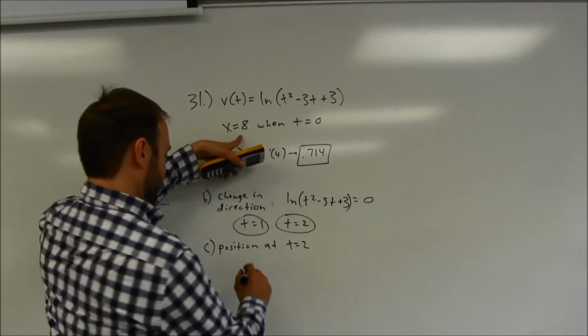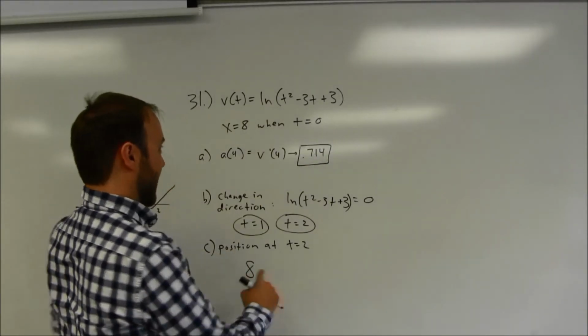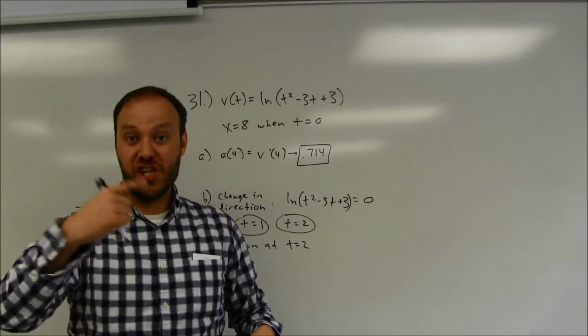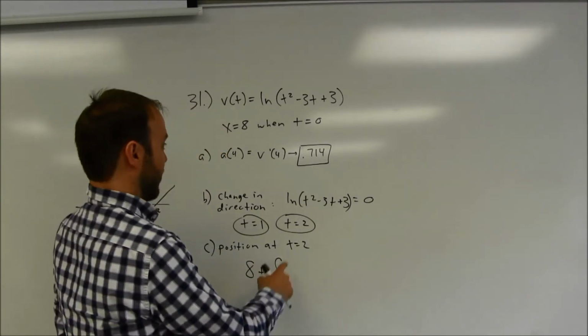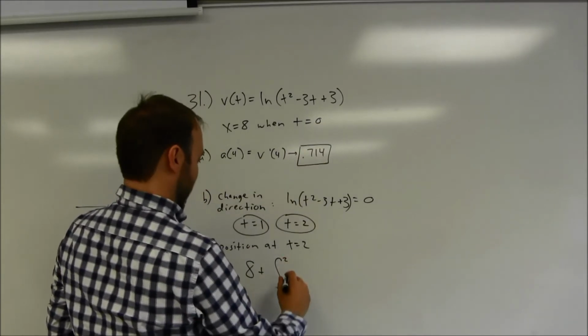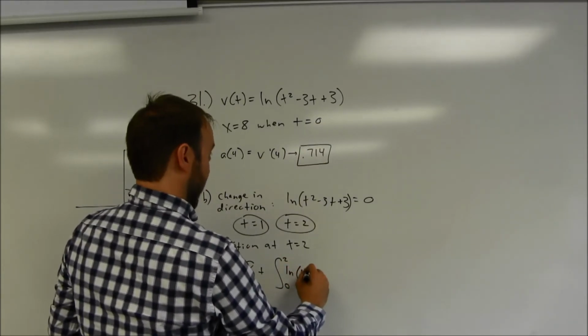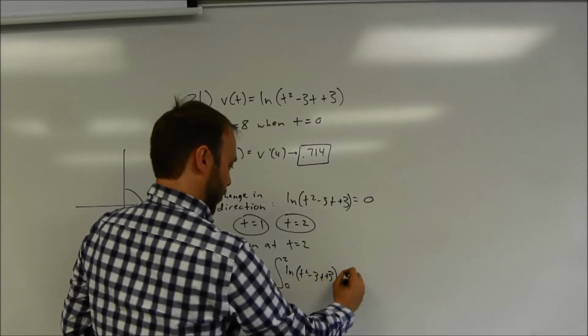I'm starting out at a position of 8 when t is equal to 0. So I start out at 8. I'm accumulating change of the velocity. And I need to accumulate this change over the time period from t equals 0 to t equals 2. And so basically I can fill that into my integral there. And that'll take care of it for me.